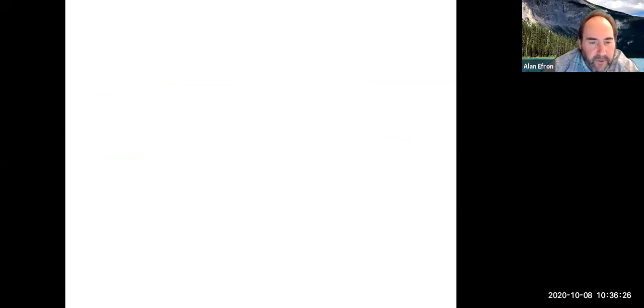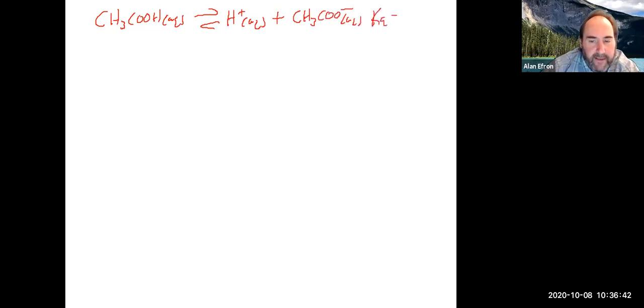So we're going to take our weak acid, which is our acetic acid here. It's going to break apart. And this would be a Ka value of 1.8 times 10 to the minus 5, if I got that right.